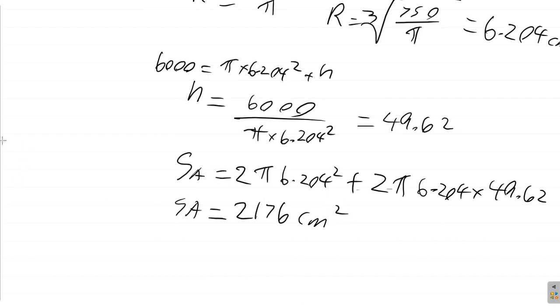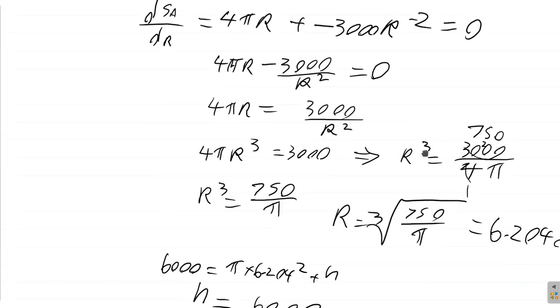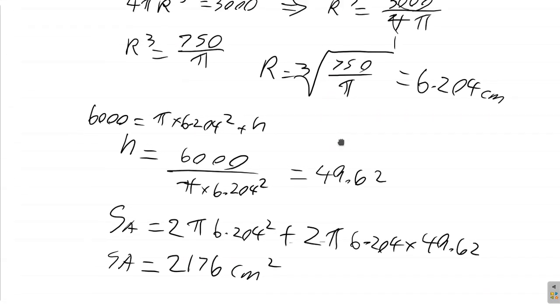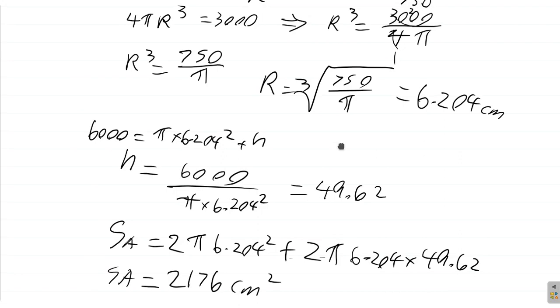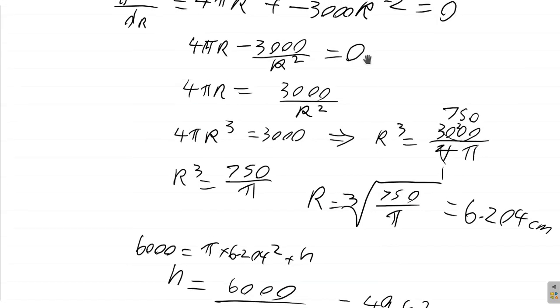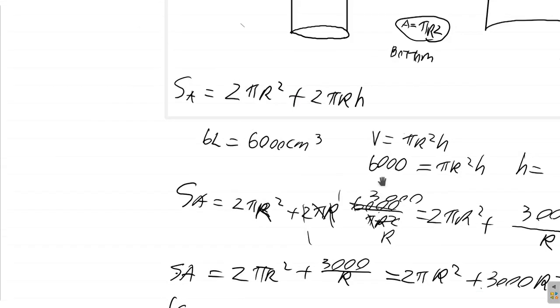That would be just about the amount of surface area. So we have a radius of 6.204 centimeters and a height of 49.62 centimeters.